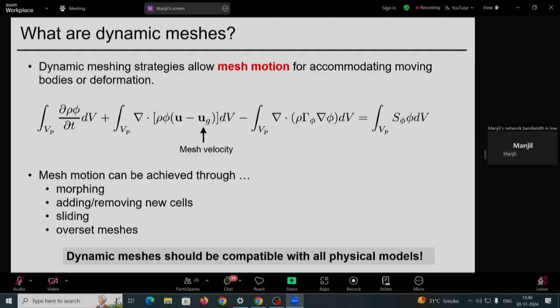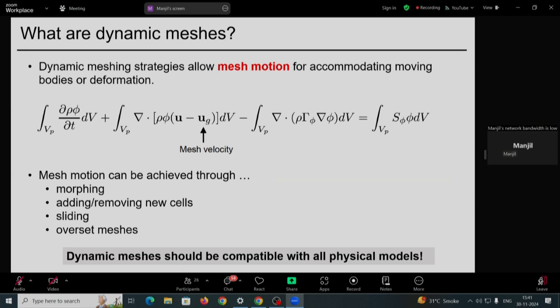This is done to accommodate moving bodies or deformations. We can see the general transport equation, and in the case of dynamic meshing, we need to include the mesh velocity. This equation is shown to separate it from the case of static mesh. In static cases, we do not include the mesh velocity, and for dynamic cases, we need to include this velocity and discretize it accordingly in the moving parts of the mesh.